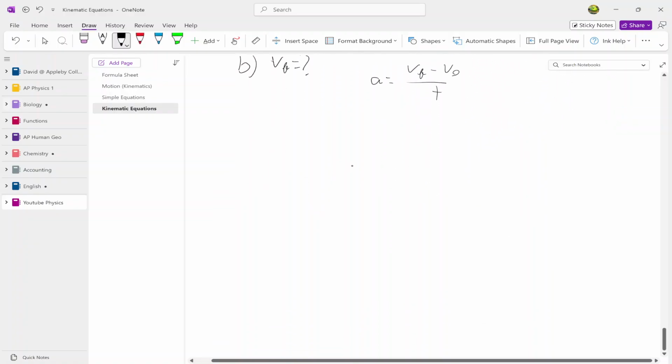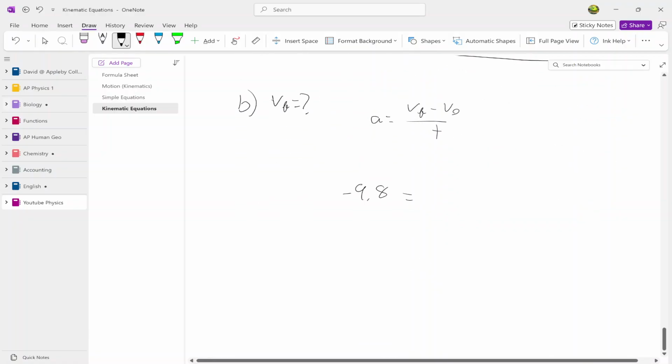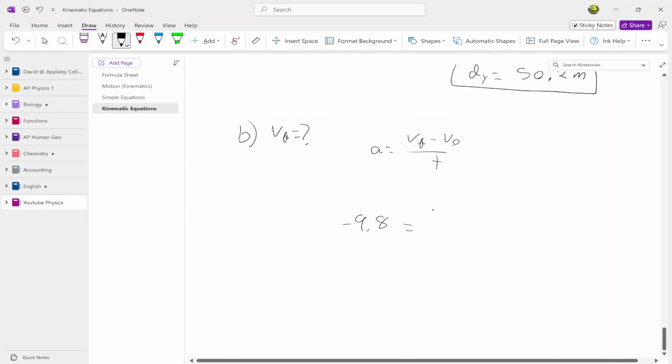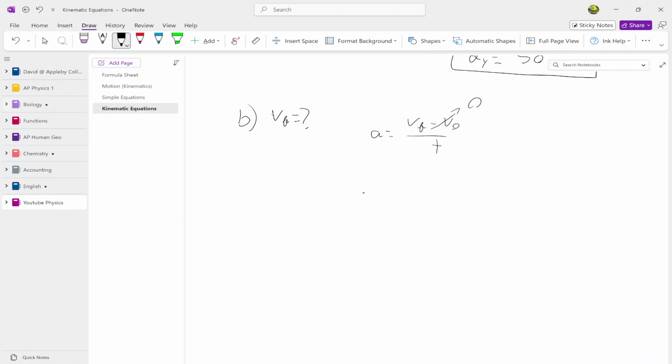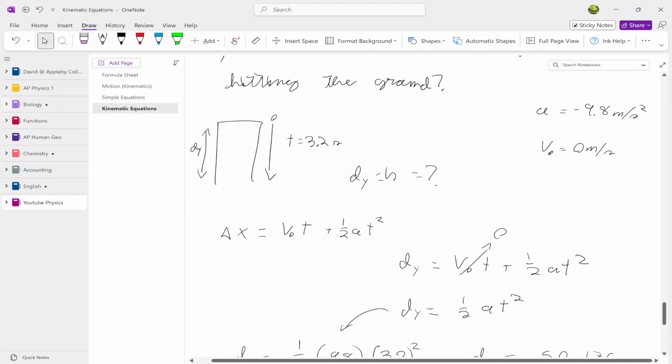So our acceleration is negative 9.8. v final minus 0 divided by, oh sorry, we should rearrange first. So this turns into 0, so v final equals a t. So v final equals 9.8 times, how much time was it? 3.2, right?